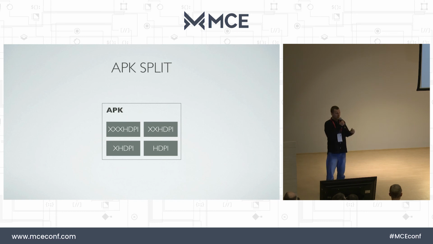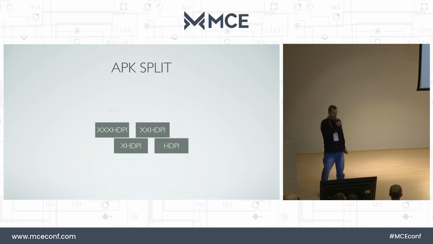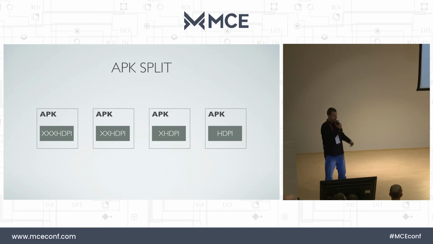So the idea here is quite simple. You just move from one single APK file into multiple APK files, and you target things by a single configuration. So certainly it's a lot smaller here, and you can gain a lot of space and save users a lot of download megabytes if you do it that way.